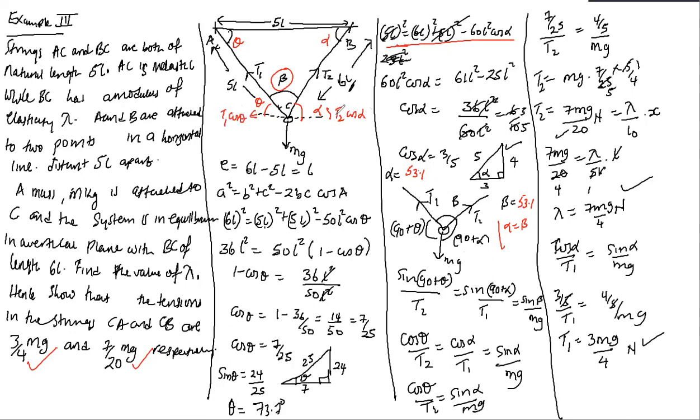Then you equate the horizontals, then you also resolve vertically. Vertically you have T1 sine theta, then also T2 sine alpha.